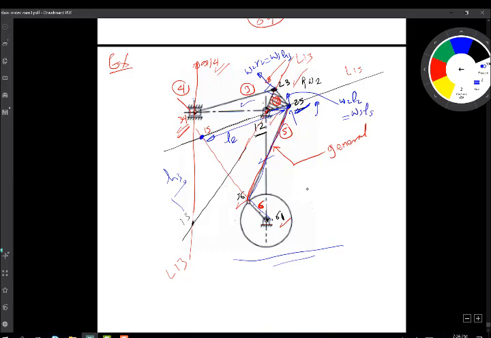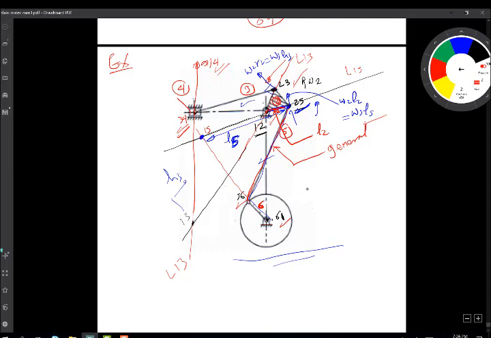Sorry, L2 should go only to the pivot of link number 2, and this is L5. L2 is this side of link number 2, all right? So let's be clear on that because I need to go to the pivot. This is L2 over here.